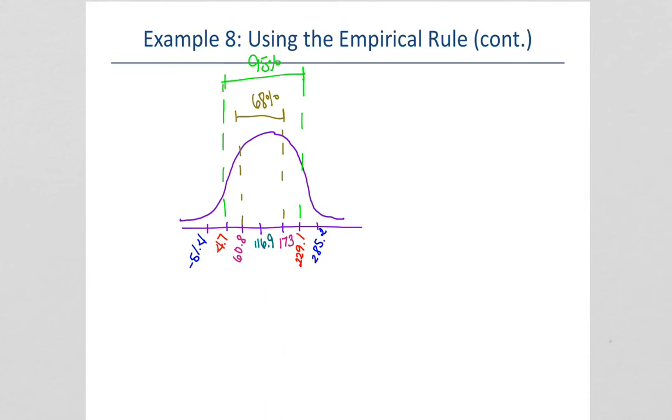So we can say that the wait time for 95% of patients is between 4.7 minutes and 229.1 minutes.